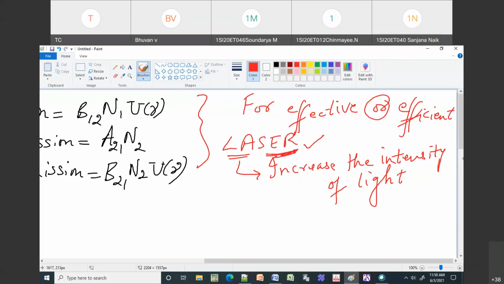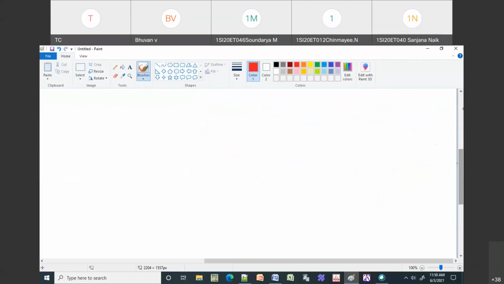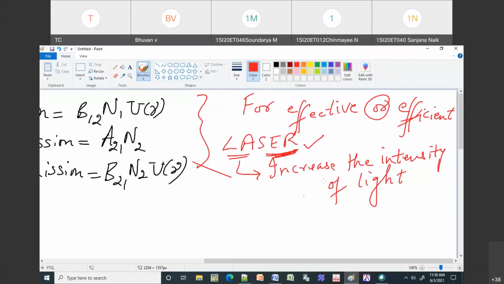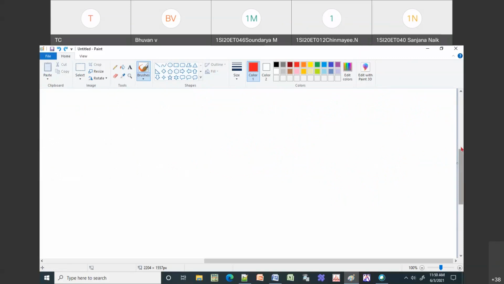So if you take any system, all these things will be happening by themselves. For example, I will explain. If you take a system, there may be some 10 atoms, or let me take 6 atoms. Initially, these are in ground state.